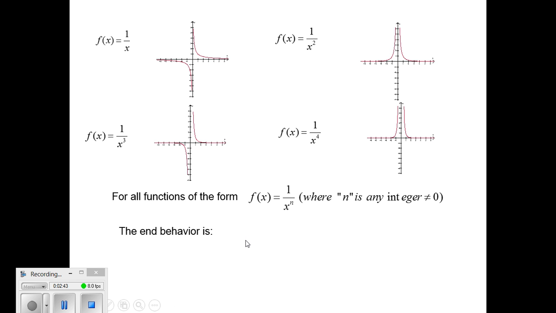We would say this: the end behavior, that is, as the function moves towards infinity, positive or negative, the end behavior moves towards the line y equals 0, the x-axis. All these functions will be hugging the x-axis. They'll never cross it. They'll just get closer and closer and closer.